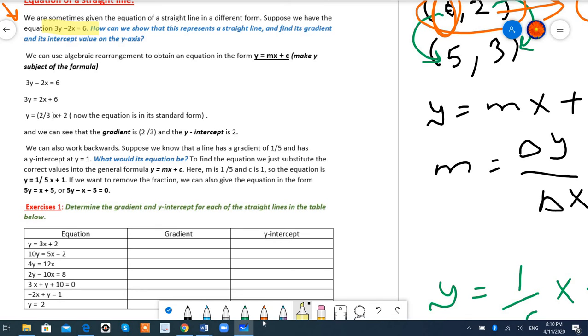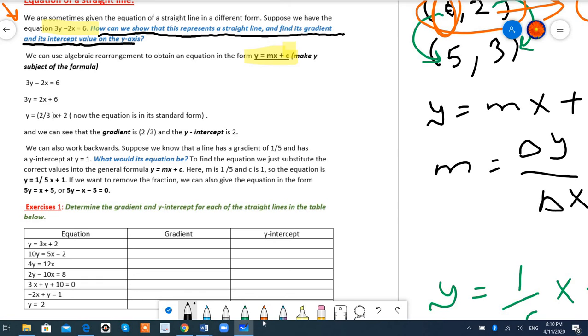This is the equation of a line, but it is different from the form that we took previously. It is not in this shape. How can we show that this represents a straight line and find its gradient and its intercept value on the y-axis?